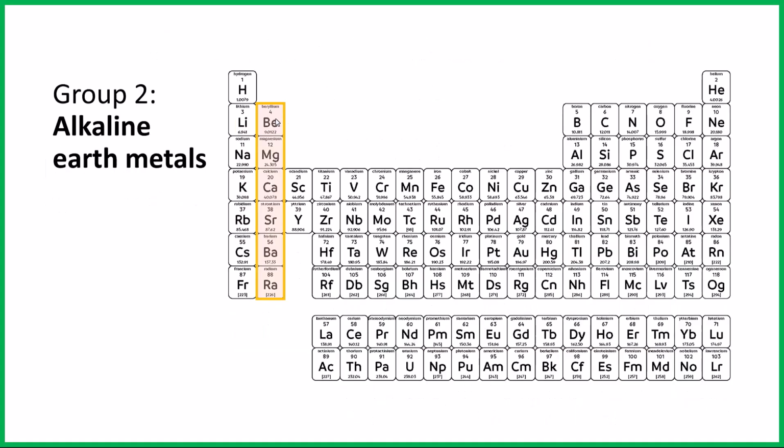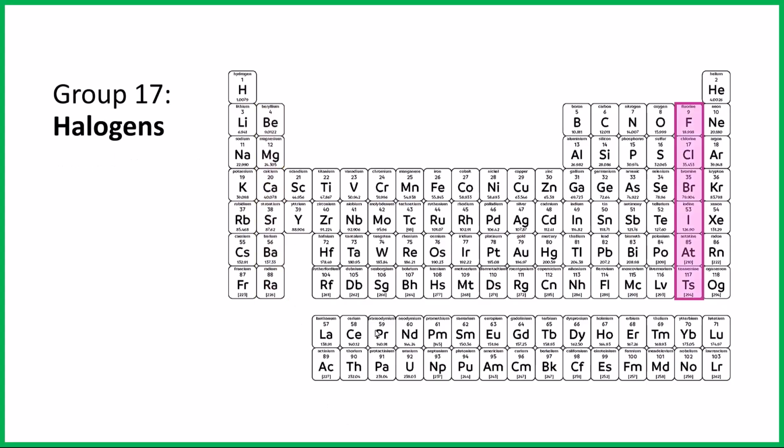Group 2 is known as the alkaline earth metals, which got their name because compounds made from these elements were able to withstand fire and were insoluble in water, and scientists used to call that type of element an earth element.